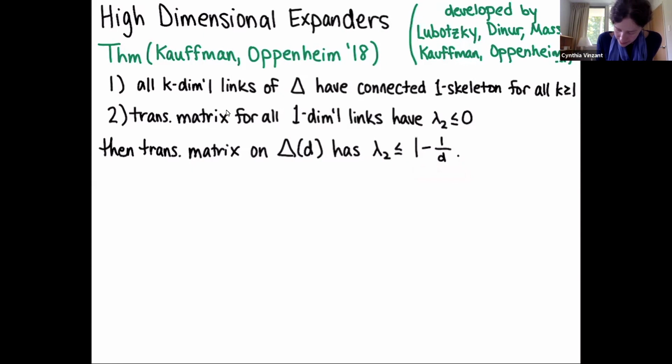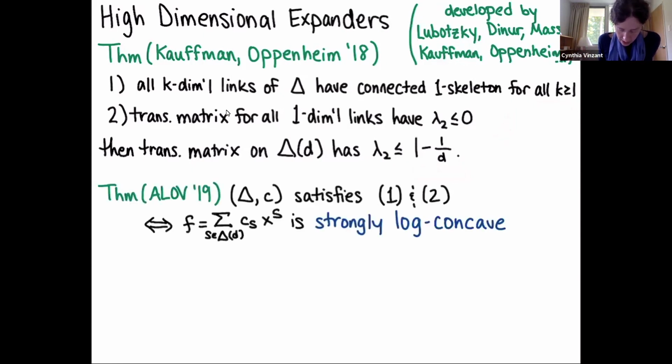And so hopefully this looks a little bit familiar. It turns out that if you have some weighted simplicial complex, this is the exact same thing as the generating polynomial for this thing being strongly log-concave.